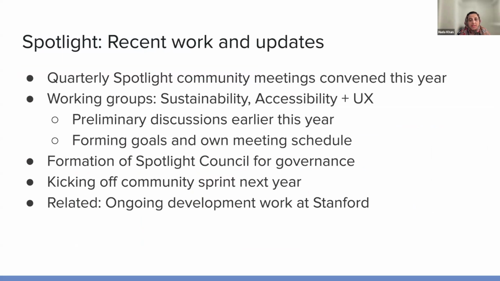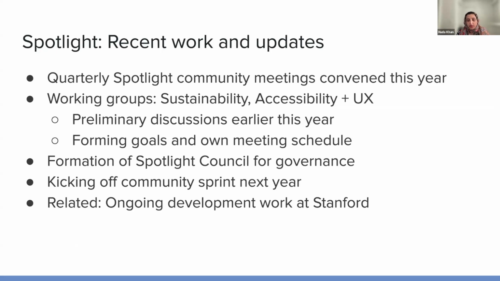Recent work and updates. So this year saw a lot of new activity, or sort of a restart on some activity that had happened earlier and had kind of lessened over the past 2 years. So we're having quarterly Spotlight community meetings, and we had some this year. Working groups have been assembled, including sustainability and accessibility plus UX.